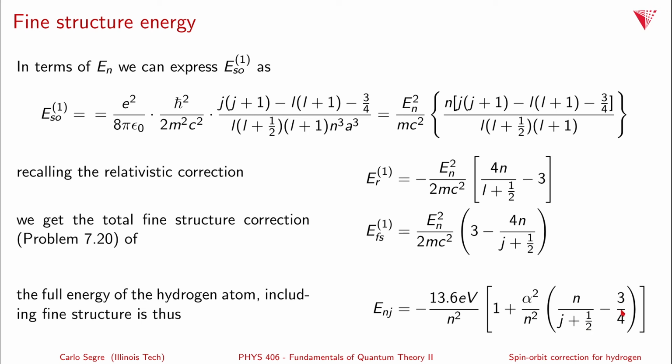Very simple correction. So the zeroth order energy is simply 13.6 eV divided by n squared. Then you have a correction term which depends on the fine structure constant squared divided by n squared and some constants.